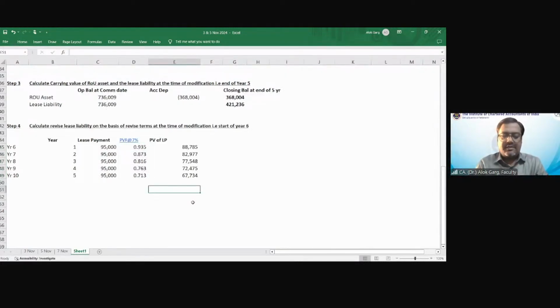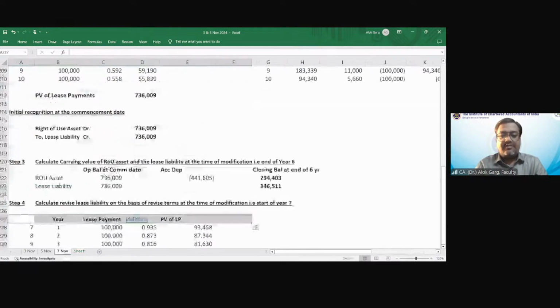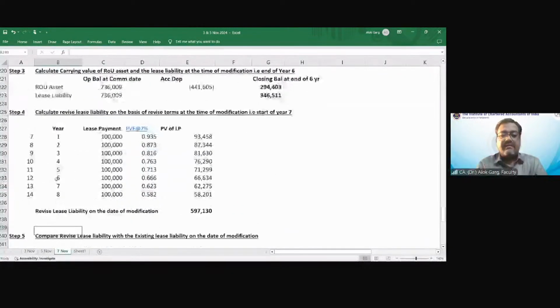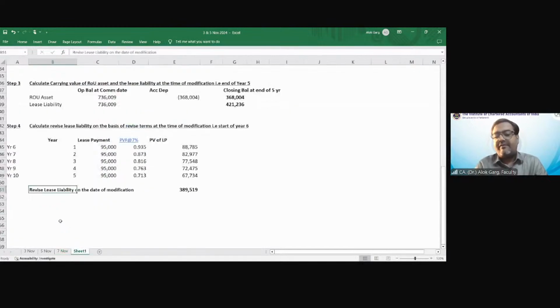Okay, so what is my revised lease liability? 389,519. This is my revised lease liability on the date of modification.